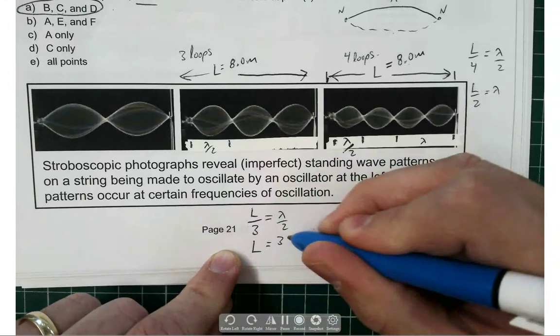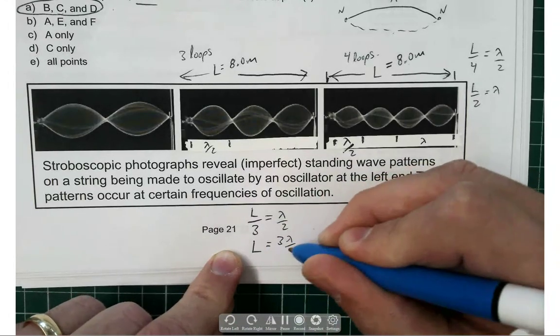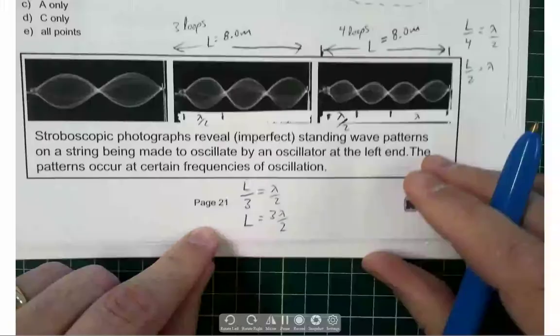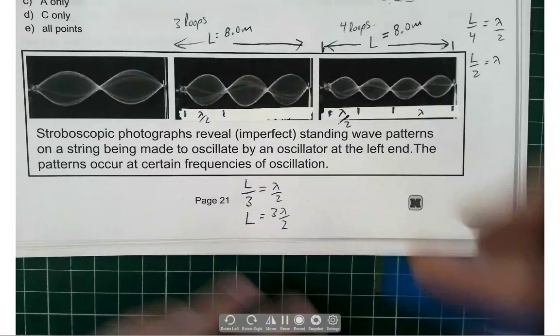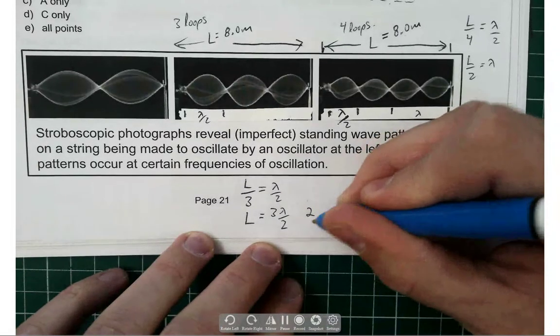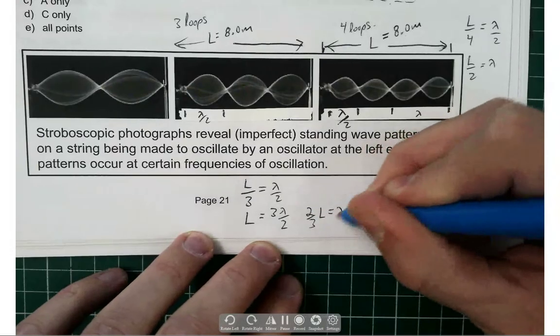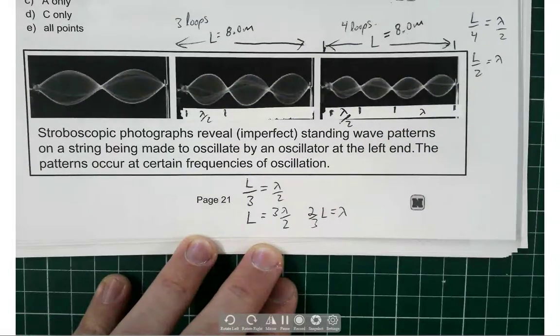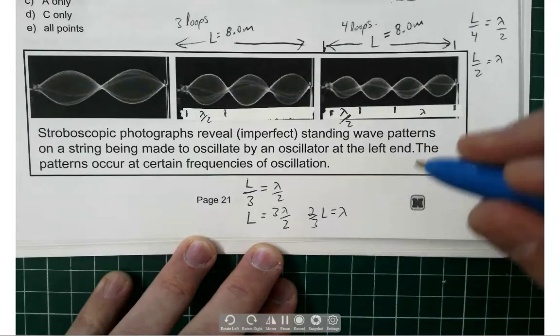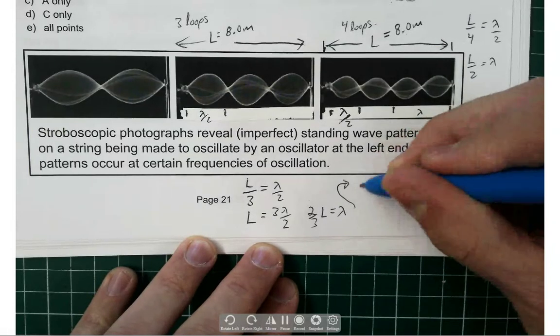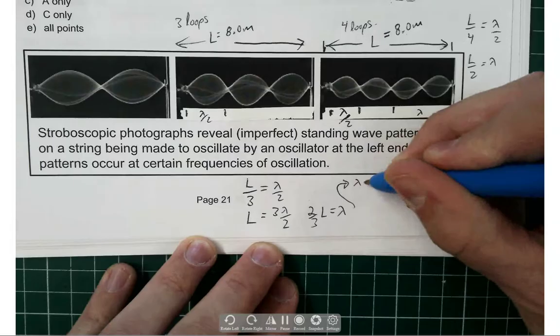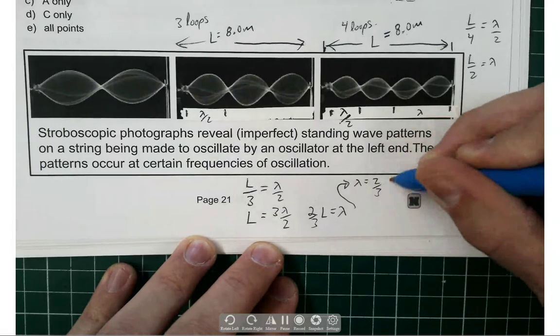Three lambda over 2. Or I can write it as 2/3 L equals lambda.